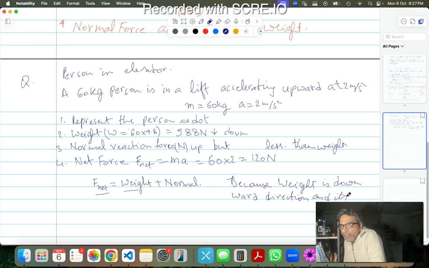and it is in the opposite direction to the normal reaction force.